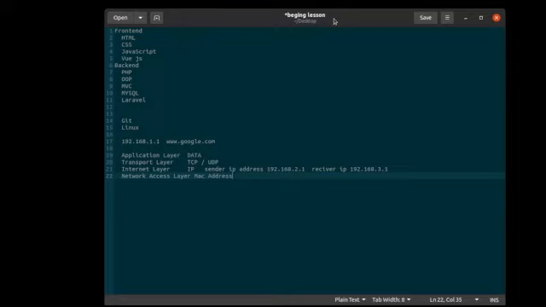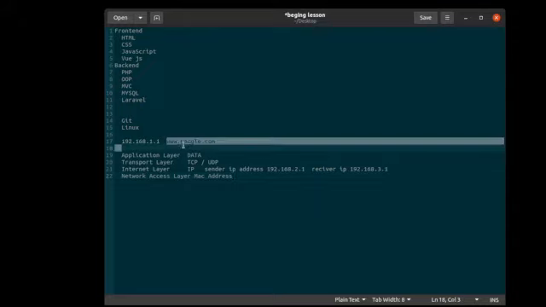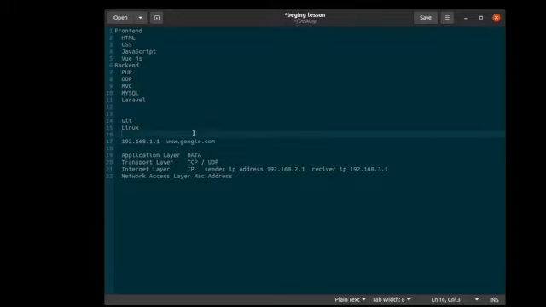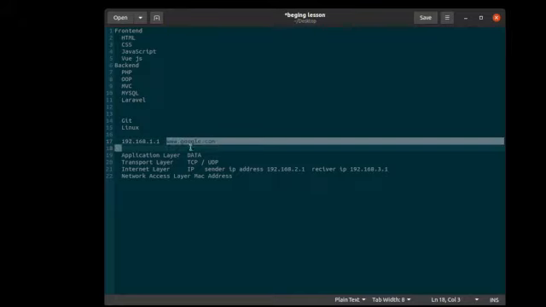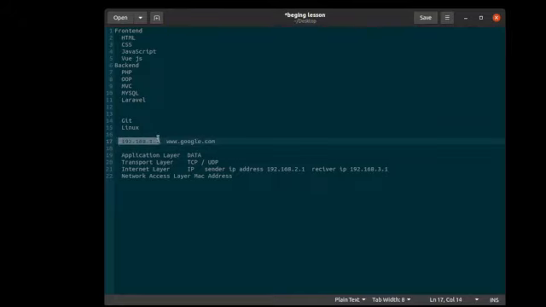So what's next? Next, we are going to talk about domain names. I already told you that the server doesn't understand this. It only understands this one. So that is why we use the DNS, which is located in the ISP. What is an ISP? ISP is the Internet Service Provider.